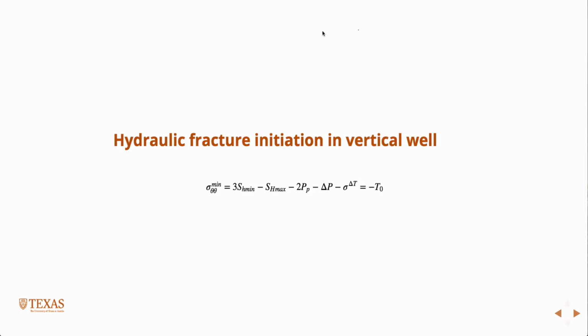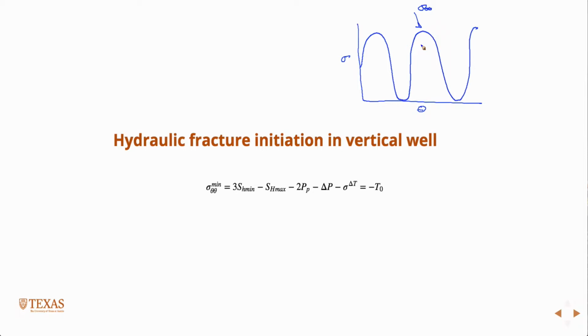The hoop stress, so this is the equation for the minimum hoop stress. So remember our stress as a function of theta as we go around the well bore. It looks like this. So if this is the hoop stress, sigma theta theta, here we're talking about vertical wells, then the minimum is this guy, sigma theta theta.